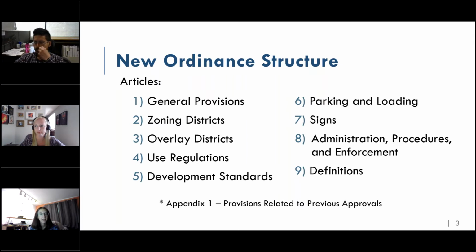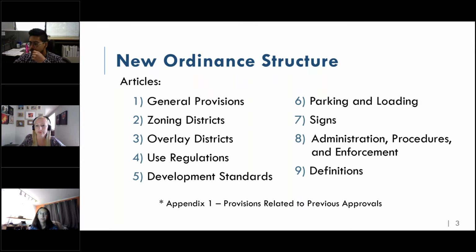You have the tables like you saw on the previous slide, which show your setbacks and other regulations and so forth. So it's much abbreviated from the old approach. And then we have an article with the overlay districts. So for instance, no longer are the CRDs and the HODs relegated to an appendix. They are folded into the main body of the ordinance, and there's a section on each of the overlay districts.